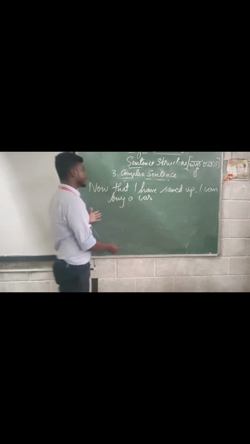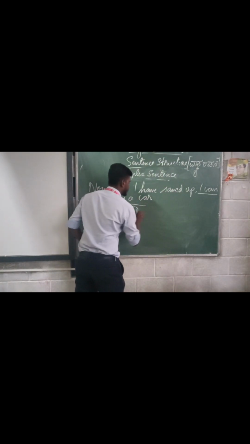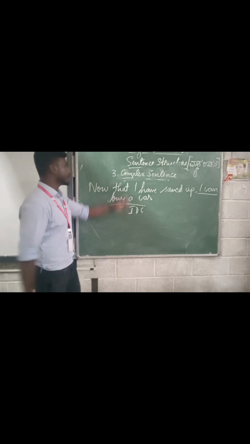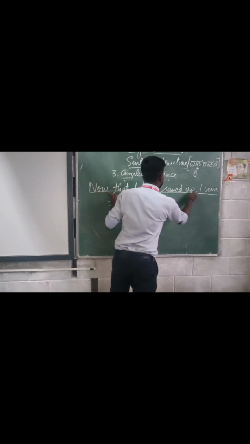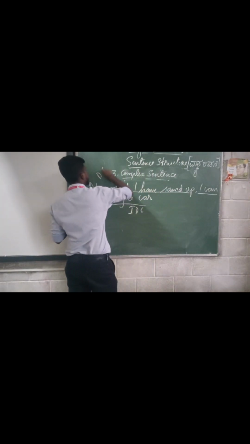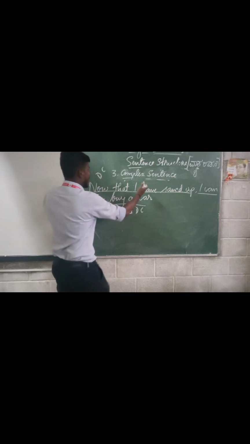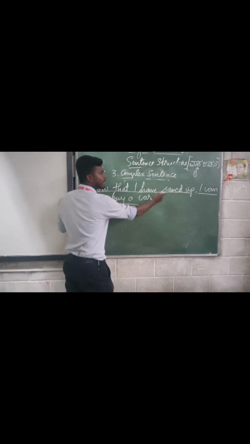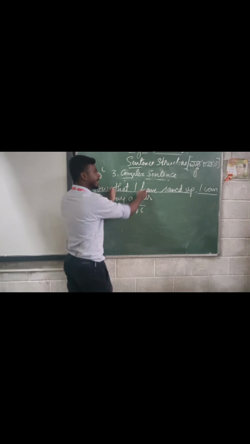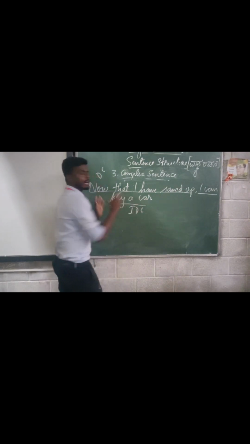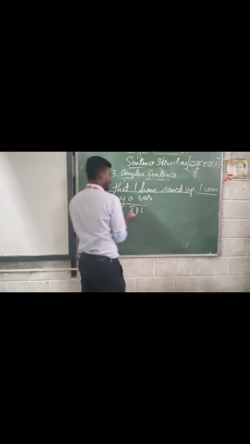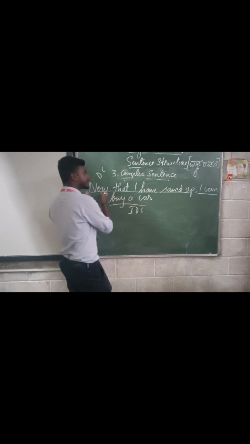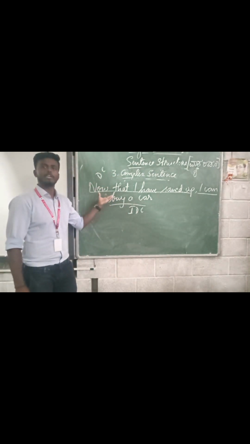I can buy a car is an independent clause. Now that I have saved up is your dependent clause. This dependent clause is completely depending upon I can buy a car. So without an independent clause there is no meaning to this dependent clause. I hope you understood, right?